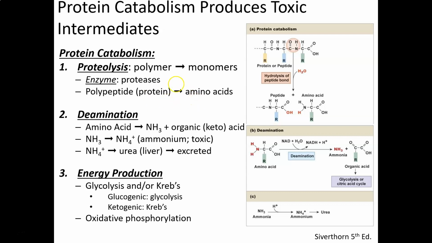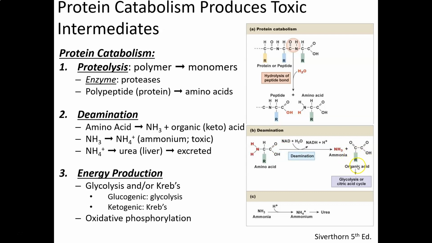But in order to use amino acids and convert them into material that we can use for energy, we have to deaminate them. And deamination is basically taking the amino group and removing it so that we're left with this organic acid.